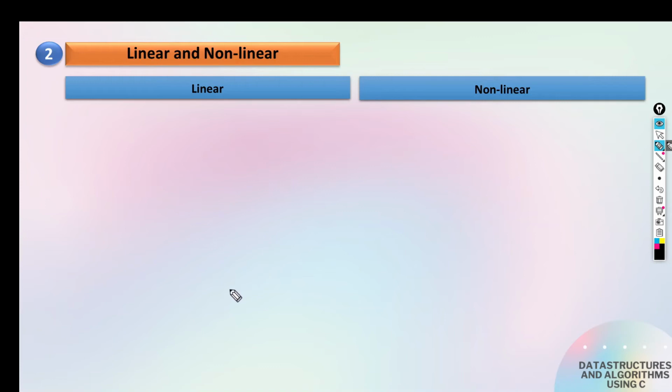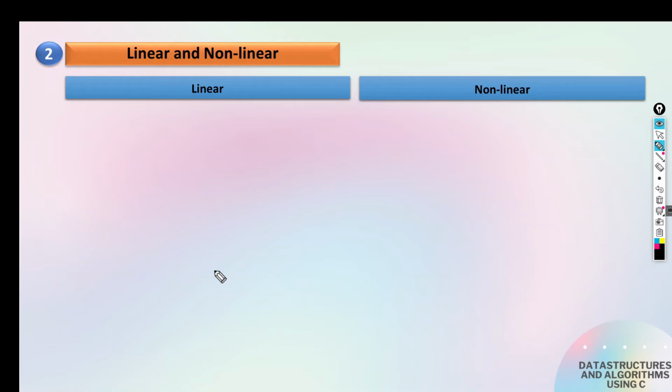It is possible they are kept in scattered memory, but they are connected to each other in a sequential way. One element has a relation to the next one, and the next has a relation to the next. A 1:1 relation is there. As I said, when we are standing in a queue, we are in an order, in a linear way. First, then the person standing behind, then the one standing behind.